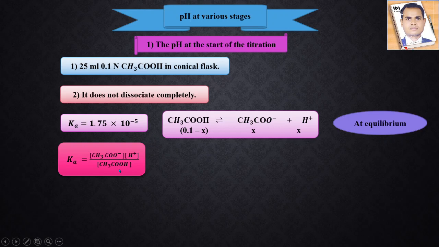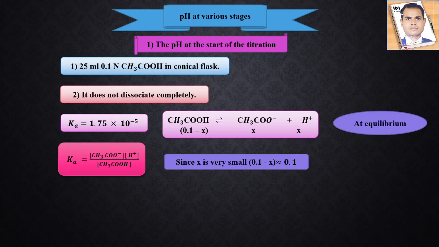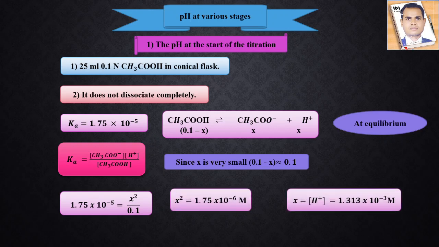Since x is very small, 0.1 minus x is approximately 0.1, and we arrange it this way: 1.75 into 10 raised to minus 5 is equal to x square divided by 0.1. So x square is equal to 1.75 into 10 raised to minus 6 molar.